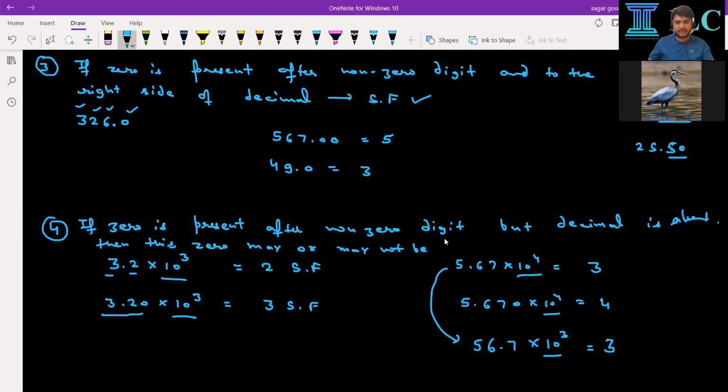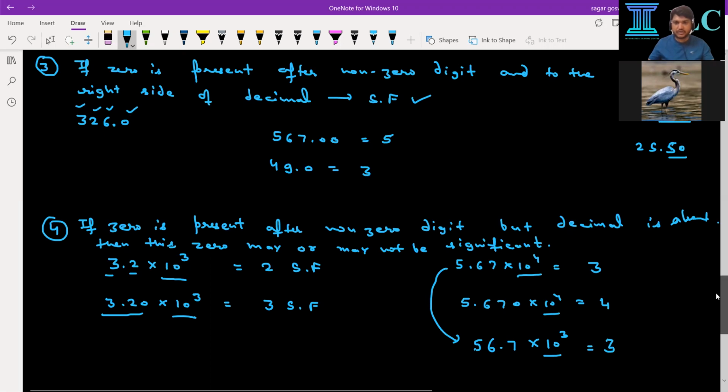It depends on how you have written it, depending upon the scientific or exponential notation. So it depends completely on that.